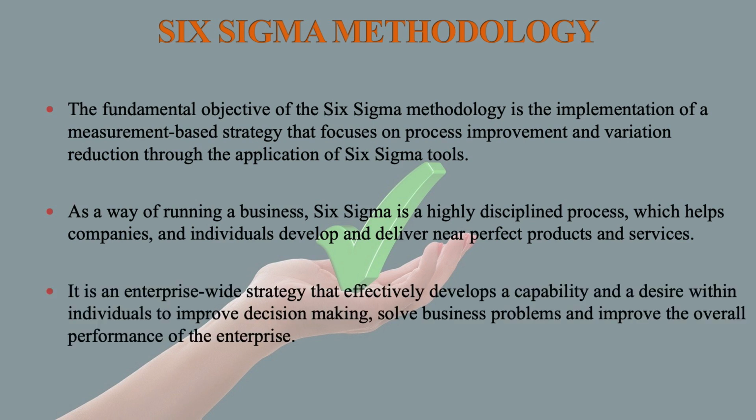It is an enterprise-wide strategy that effectively develops a capability within individuals to improve decision making, solve business problems, and improve the overall performance of the enterprise, because there is always scope for improvement for any products or services provided by the organizations.